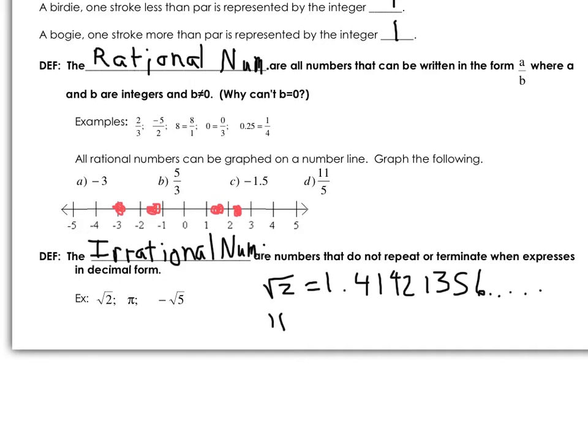How about pi? Pi is 3.14159. What's the next digit? I don't know. Negative square root of 5, the same way. It's a decimal that does not repeat a pattern, and it does not terminate.